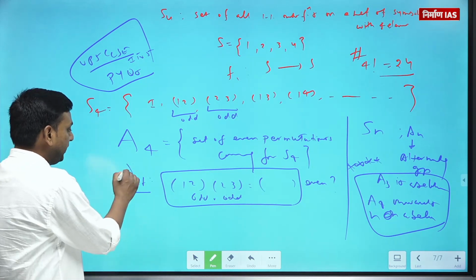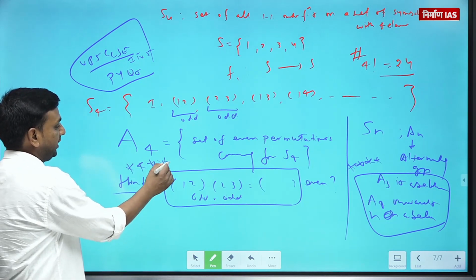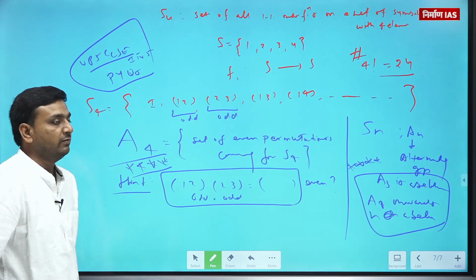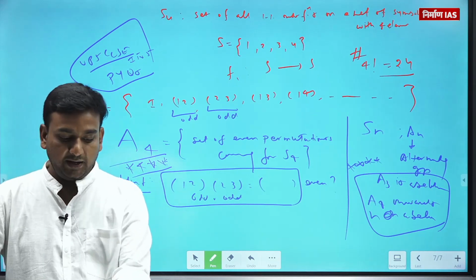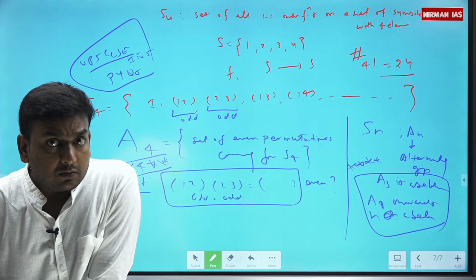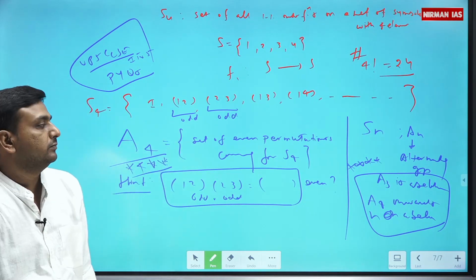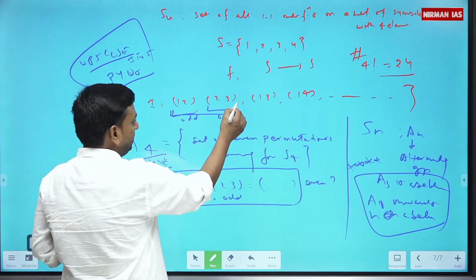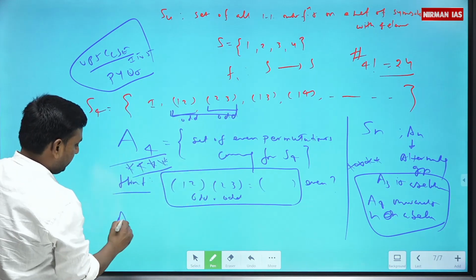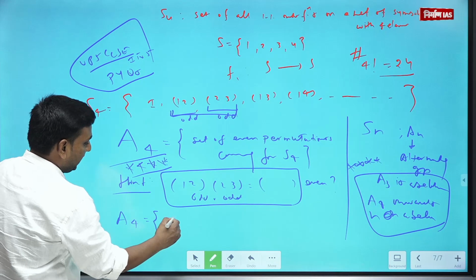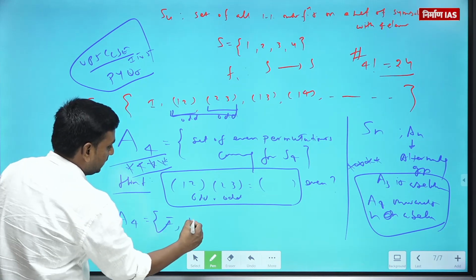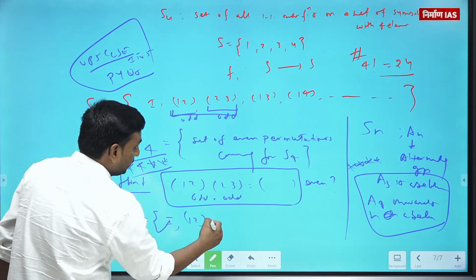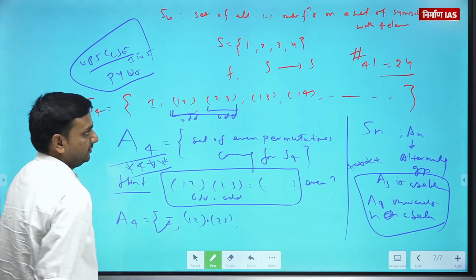That is the key point for you to construct or write the elements of A4. Why? Because you will just compose these two elements. You can write A4 like: the identity will always be there, (1 2) composition (2 3).